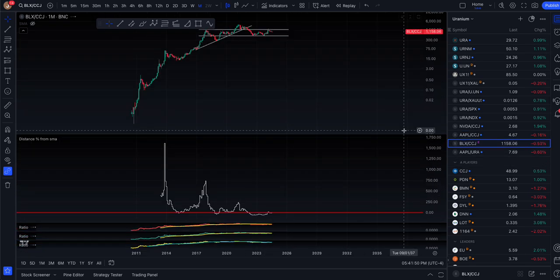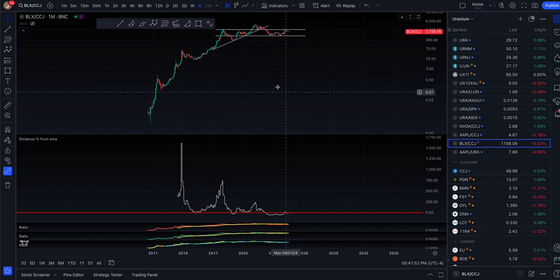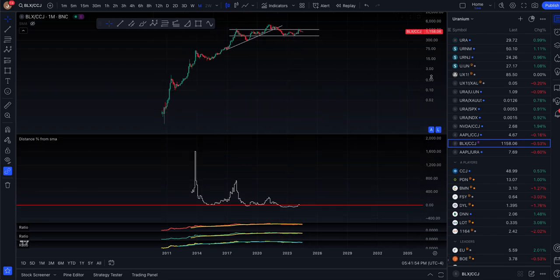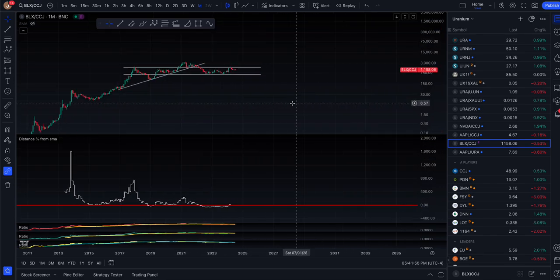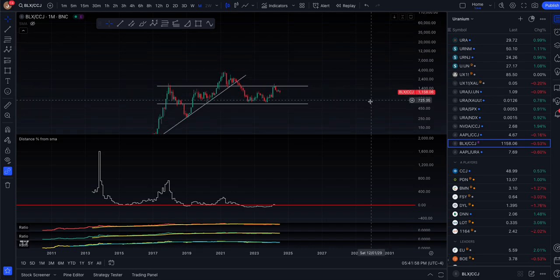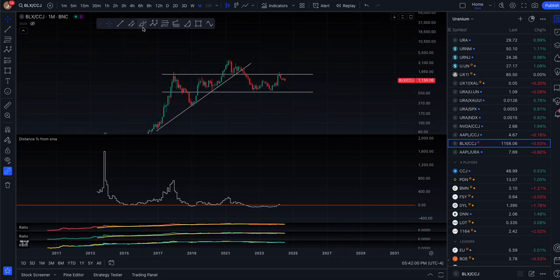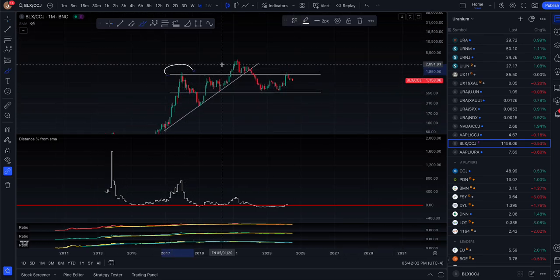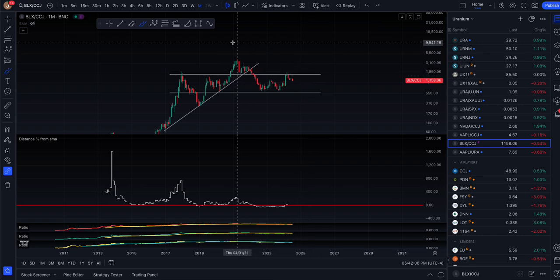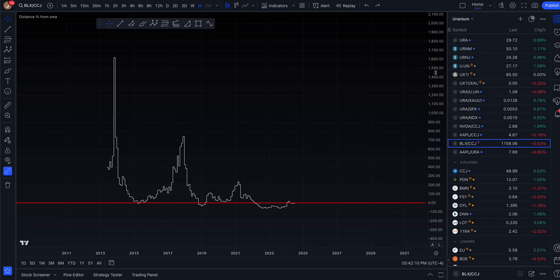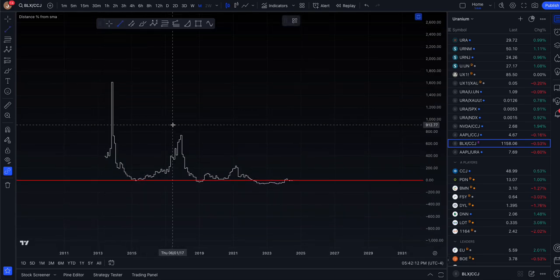Okay, we got 2 more, and that's Bitcoin measured in CCJ. And man, that could be a huge head and shoulders. I don't know if that would fully play out or not, but momentum is kind of interesting, right?